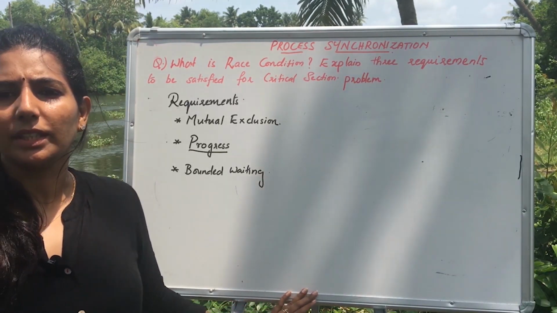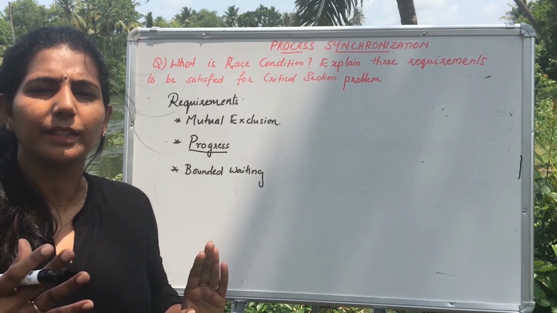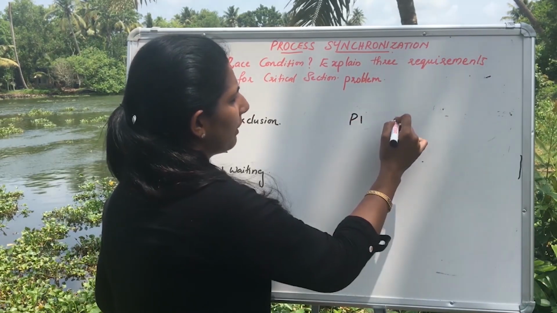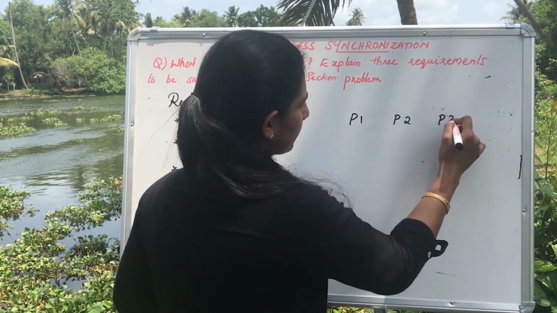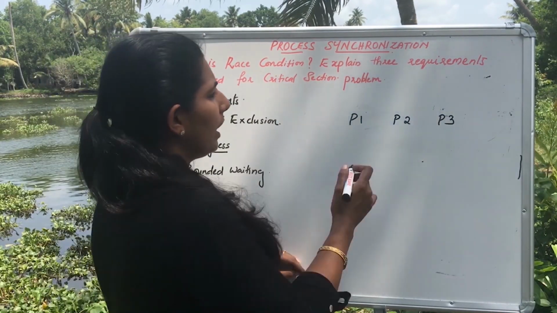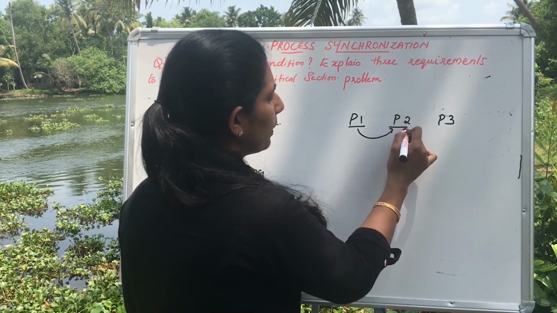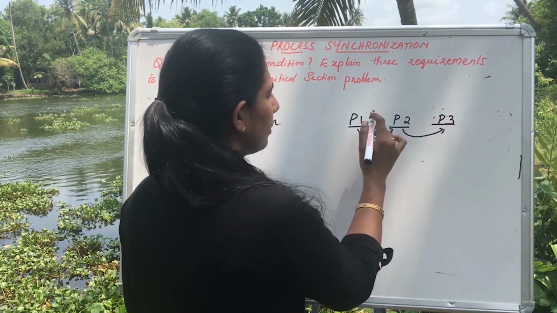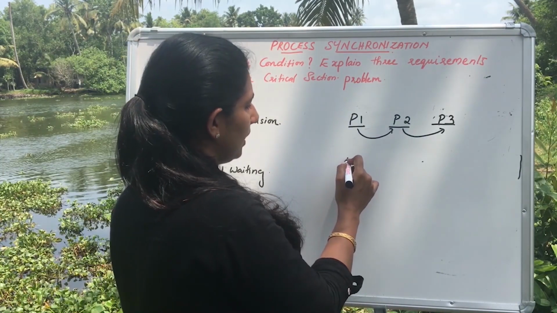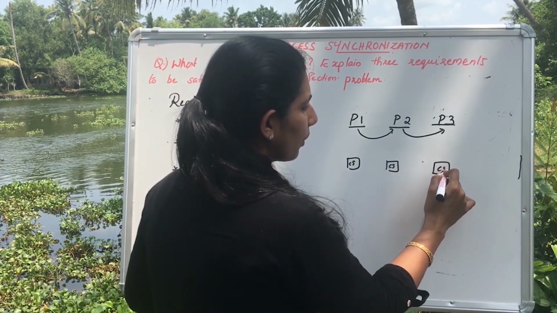Which process will enter its critical section will be decided based on a particular criteria. Let me take three processes: P1, P2 and P3. If you talk about round robin scheduling, we give a particular time limit to P1, then give it to P2, then give it to P3. Let me assume all three have their critical sections and I am going in a round robin fashion.